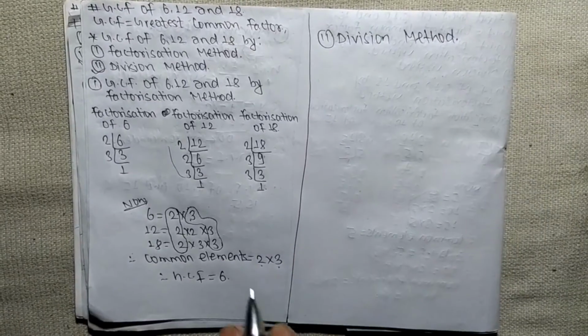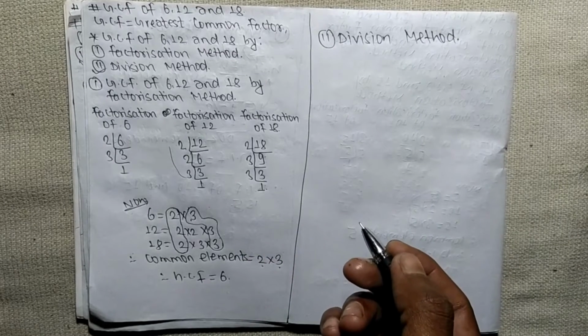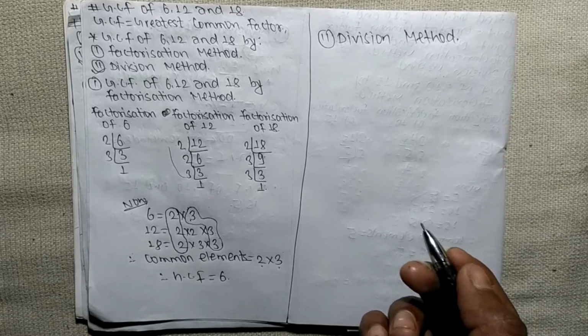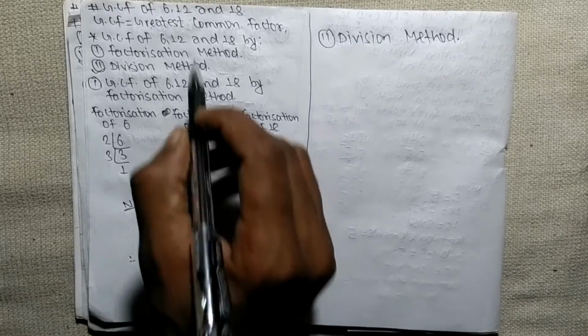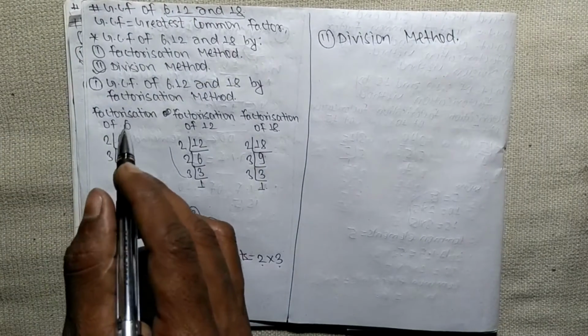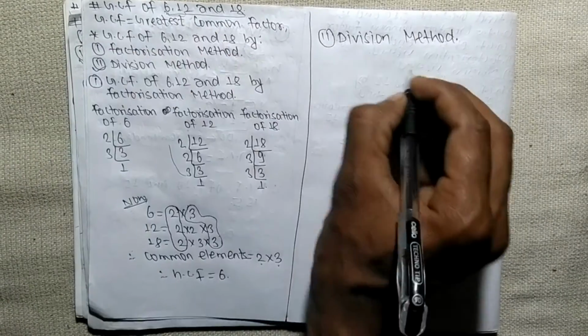Now we find GCF by division method. While finding GCF by division method, you have to divide the greater number by the lower number. Here the numbers are 6, 12 and 18. First of all we take any two numbers. Suppose we take 6 and 12.